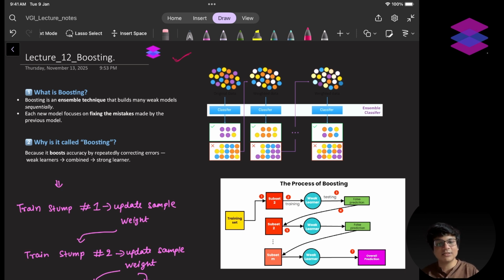When I say updated weights, it does not mean it is completely going to change the tree, or completely change the algorithm that I'm supposed to use. Let's say my base model uses the decision tree algorithm, and I have a decision tree root, because in a decision tree I need to have some root, right? And that base model gives some wrong prediction, some wrong classification.